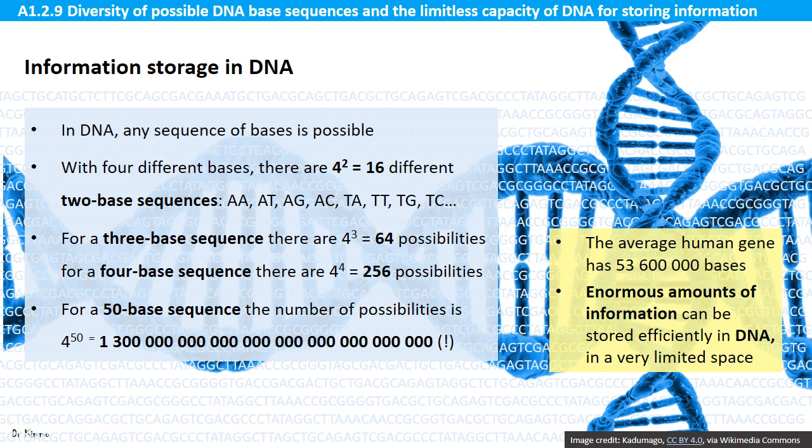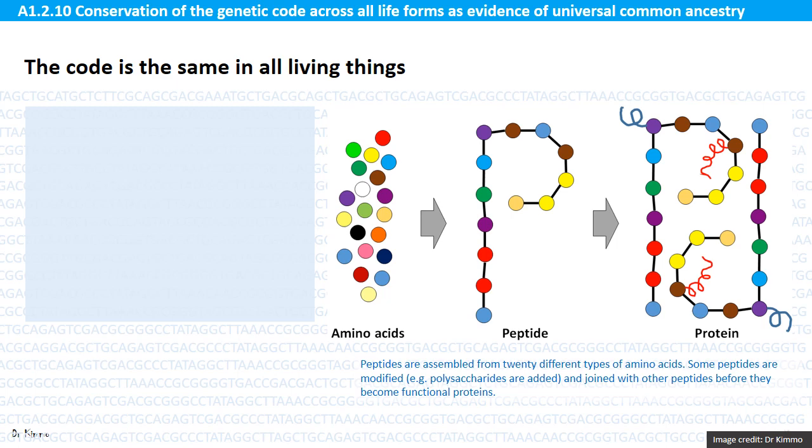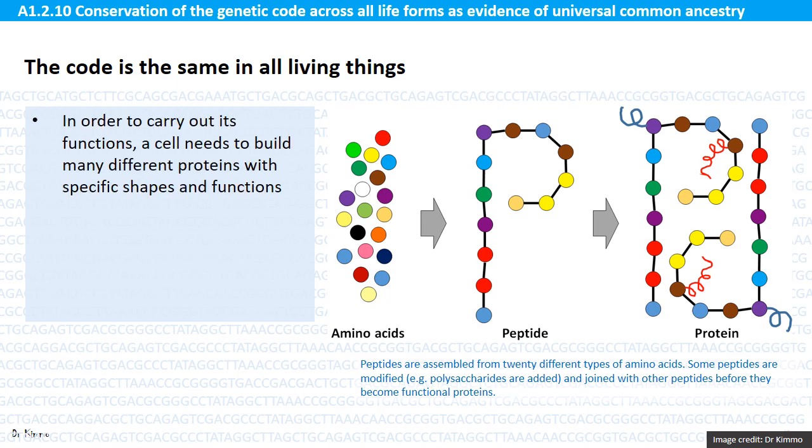The average human gene has more than 53,000 bases. This means that enormous amounts of information can be stored efficiently in DNA in a very limited space inside the nucleus of a cell. The genetic code is the same in all living things.